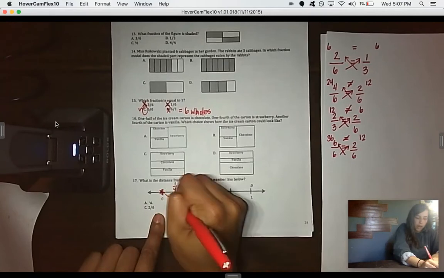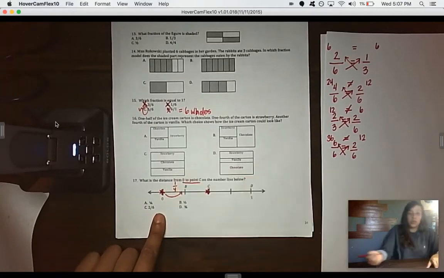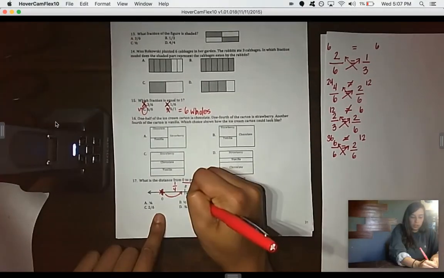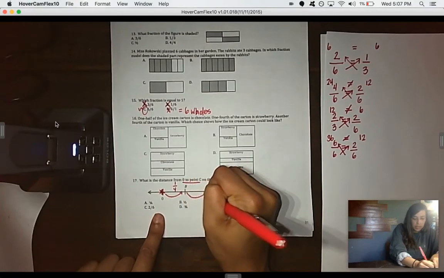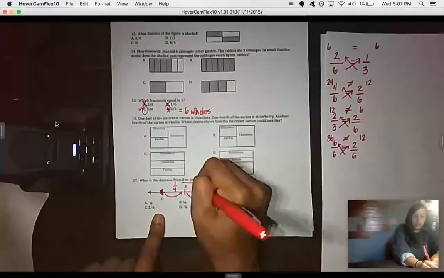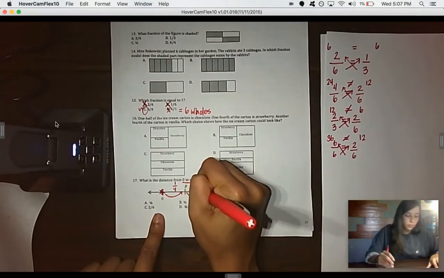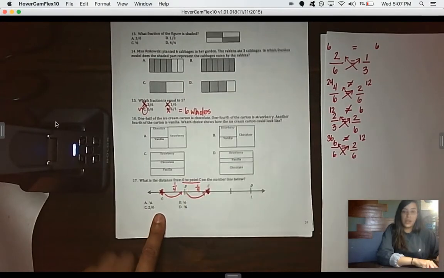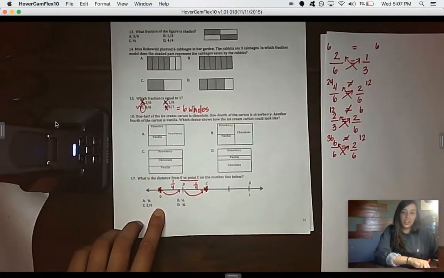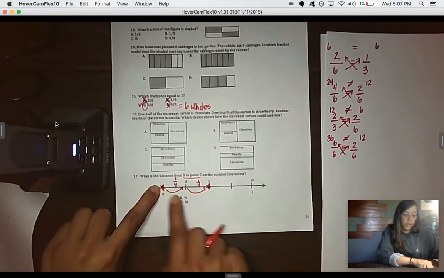So when we hop from 0 to B, we hopped 1/4, which tells me when we hopped from B to C, we also hopped 1/4. So then if I'm hopping from 0 to C, I'm hopping 1/4 plus another 1/4.